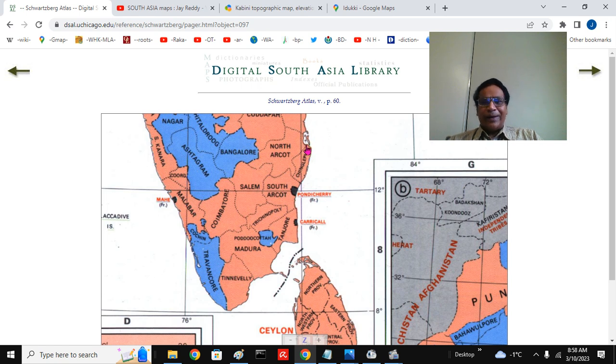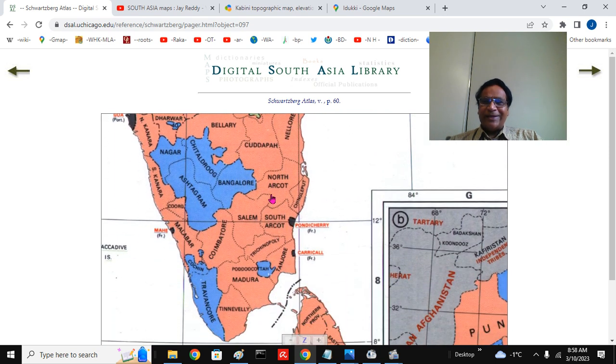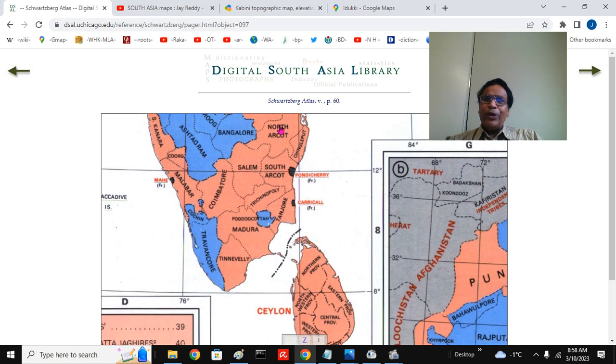This is the Pulicat Lake, the transition line between the northern Telugu-speaking population and the southern Tamil-speaking population of the historic Madras Presidency. Very easy to remember: two Arcot districts, North Arcot and South Arcot, surrounding the Chengalpattu district, which surrounds the urban district of Madras, Chennapatnam. Today South Arcot means Pondicherry. This is the Pondicherry.